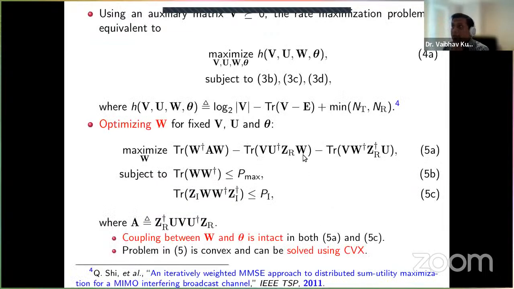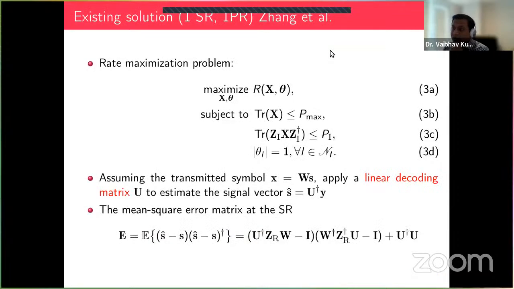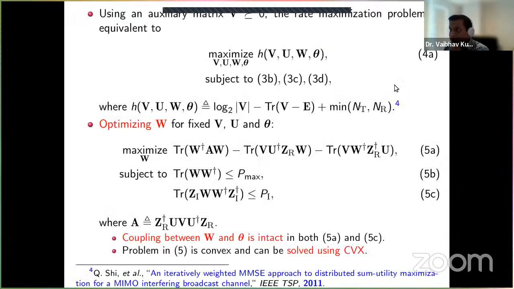And then they use an auxiliary matrix V, and they formulate this problem in 3 into the problem in 4a, and then they start using alternating optimization. So converting that rate maximization problem into an error minimization problem, and then again that error minimization problem into maximizing this function h, which is very popular.